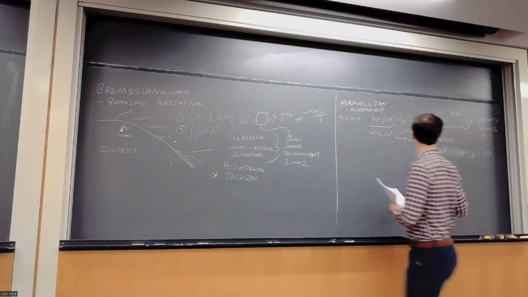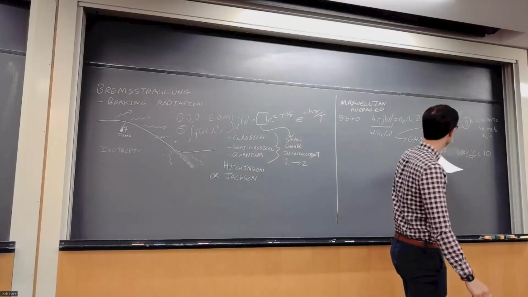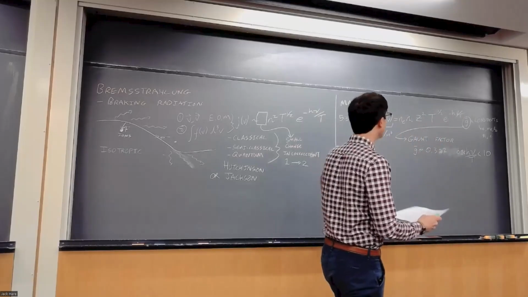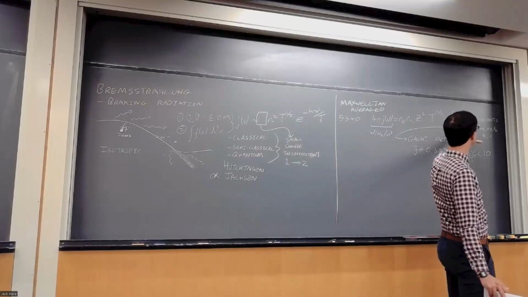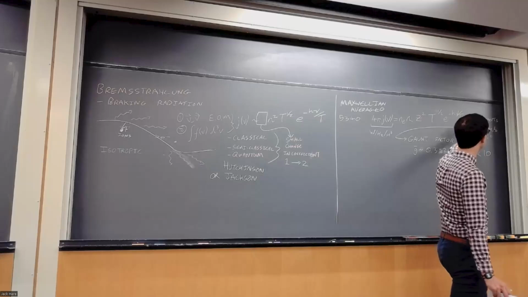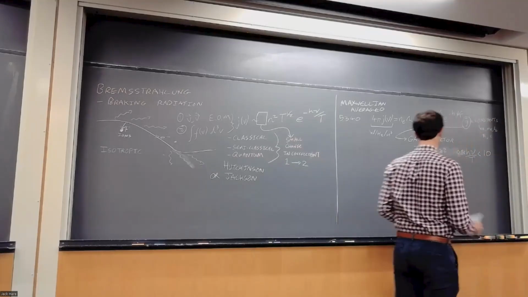So this is a pretty weakly varying function. We can change by 2 orders of magnitude in this parameter, but this only changes by 1 order of magnitude. And so in general, it's reasonable to just treat G as being a constant, and then for the sort of calculations we're doing where we're going to drop the absolute intensity, we can just drop G with all the other constants as well.